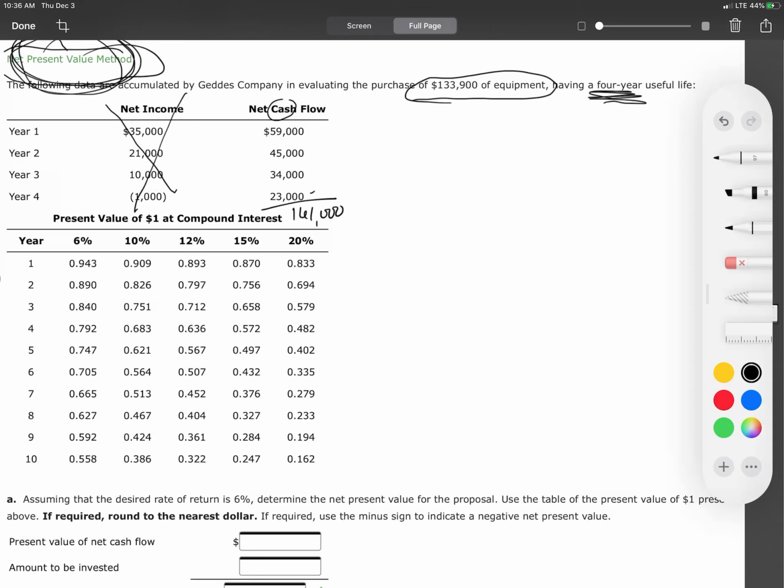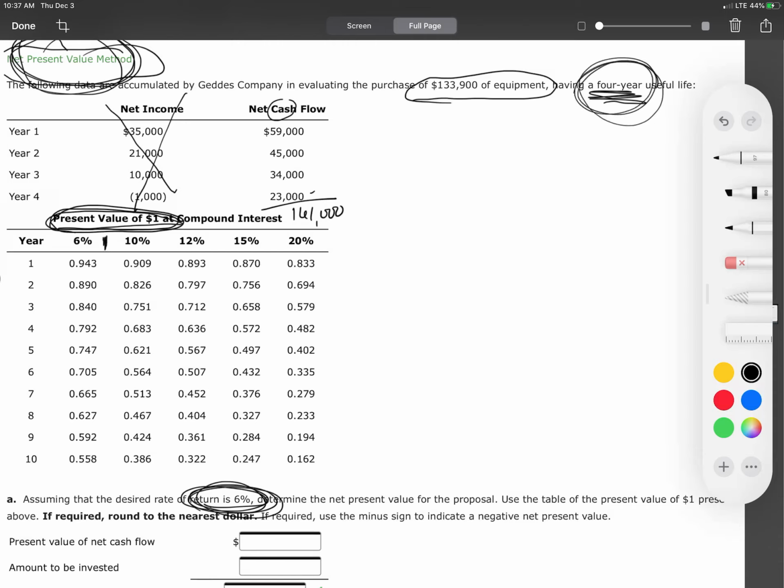So we're going to use this table. This is called Table 1, present value of a single number, present value of $1 table. Now there's another table called present value of an annuity, and we'll see that table later. But let's just use this table for now. It says down here, assume the discount rate of 6%. So we're going to be using this column.